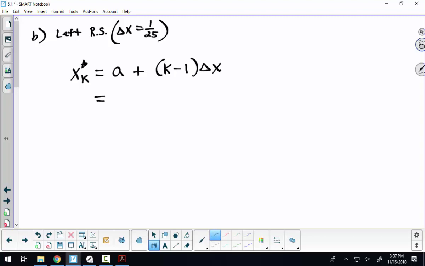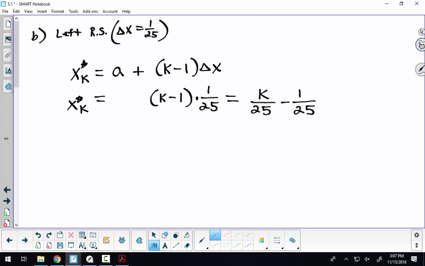So for us, the a is still 0. We've got a k minus 1 times our delta x, which is 1 over 25. All right, so that's our x star sub k for the left Riemann sum.